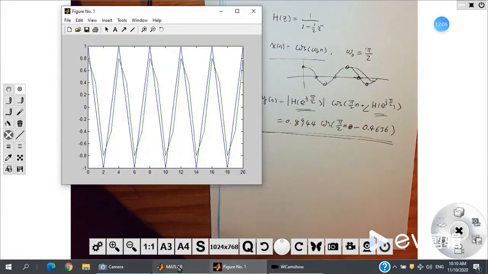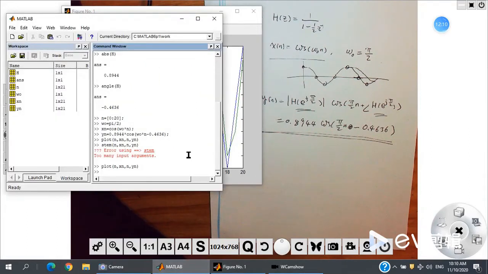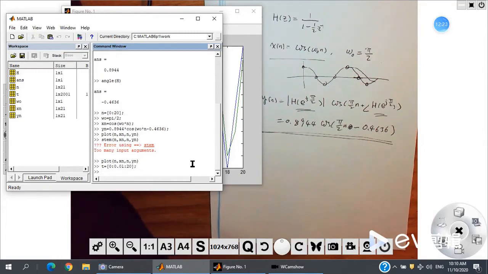Okay, you need to check the signal behind this discrete time signal. I need a t. T still runs from 0 to 20, but with a small step. Then I have x of t, which is cosine of omega 0 times t.